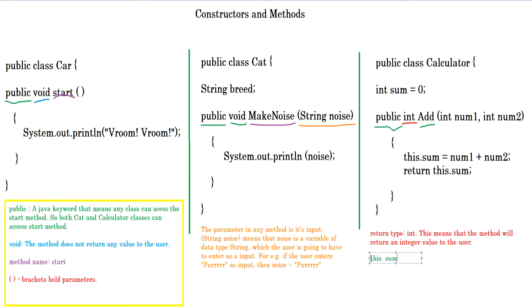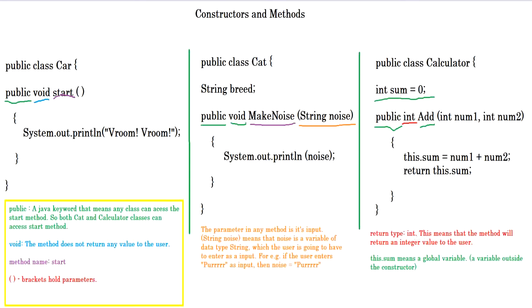This dot sum means a global variable, a variable outside the constructor. So what this dot sum means is that it's referencing the global variable here called sum.